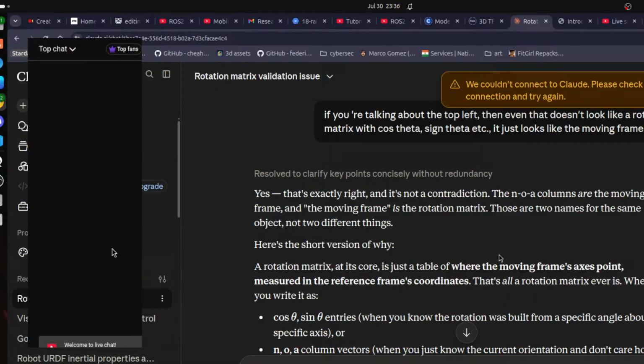And the columns are the moving frame, and the moving frame is the rotation matrix.